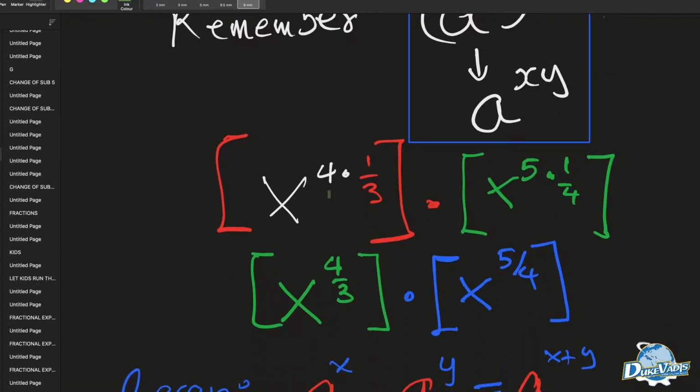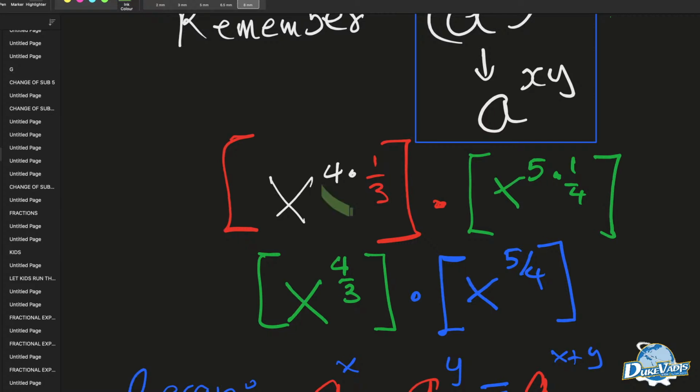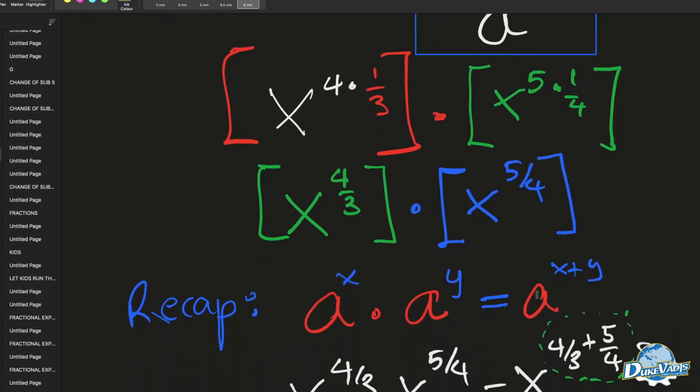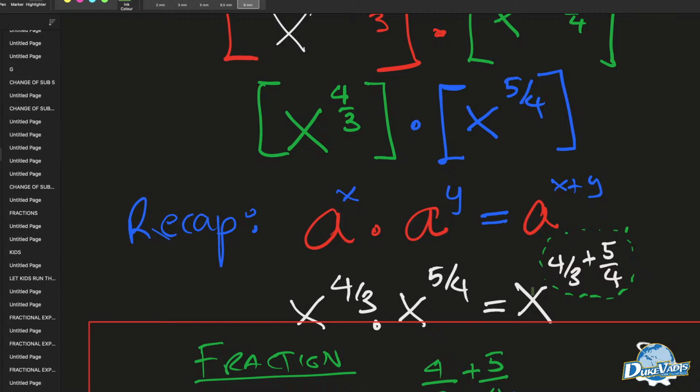When we multiply 4 by 1 over 3, it is 4 over 3, and 5 by 1 over 4 is 5 over 4. You see, friends, now we have been able to make the fraction easier for ourselves. Remember again, the x over here is the same as x. It's not z or y, it's x.